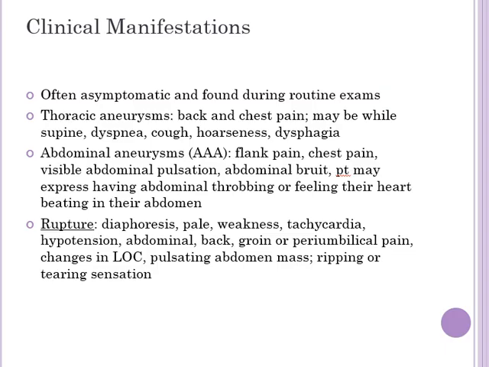So the thoracic aneurysms can have back and chest pain. They may have that pain while they're lying supine. They can have dyspnea, cough, hoarseness, some dysphagia. AAAs can have flank pain, chest pain, visible abdominal pulsation, and an abdominal bruit.